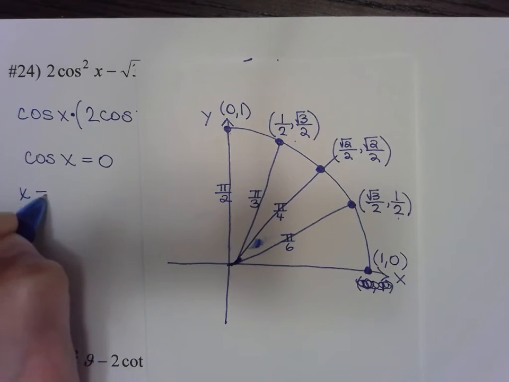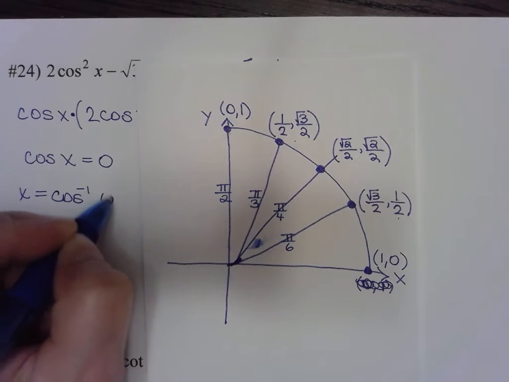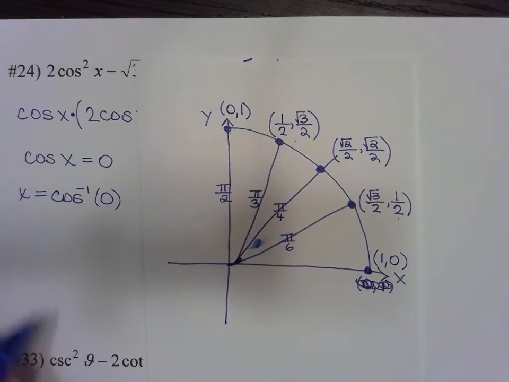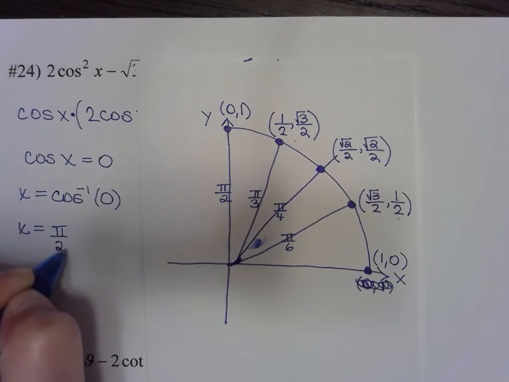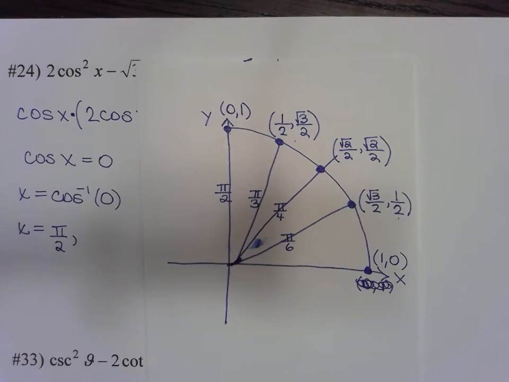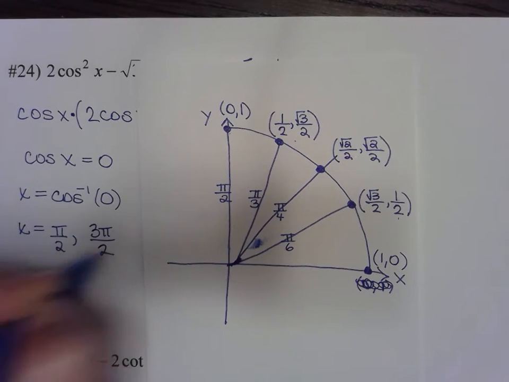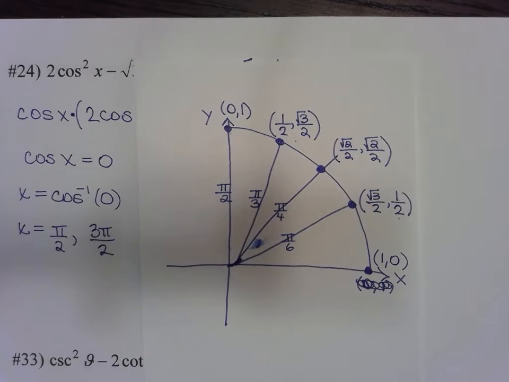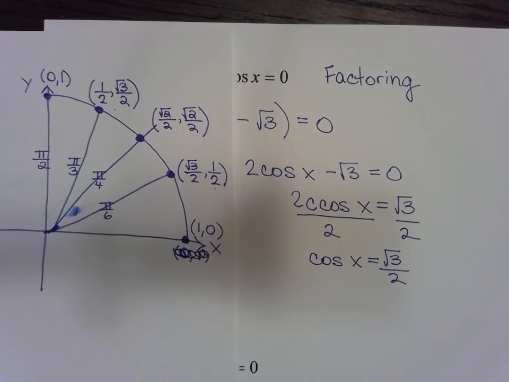So x could be pi over 2. I don't have the whole circle here, but if we went all the way around down here to the bottom, we would also have a place where the cosine was 0. So that would be at 3 pi over 2. Okay, so those are 2 solutions.